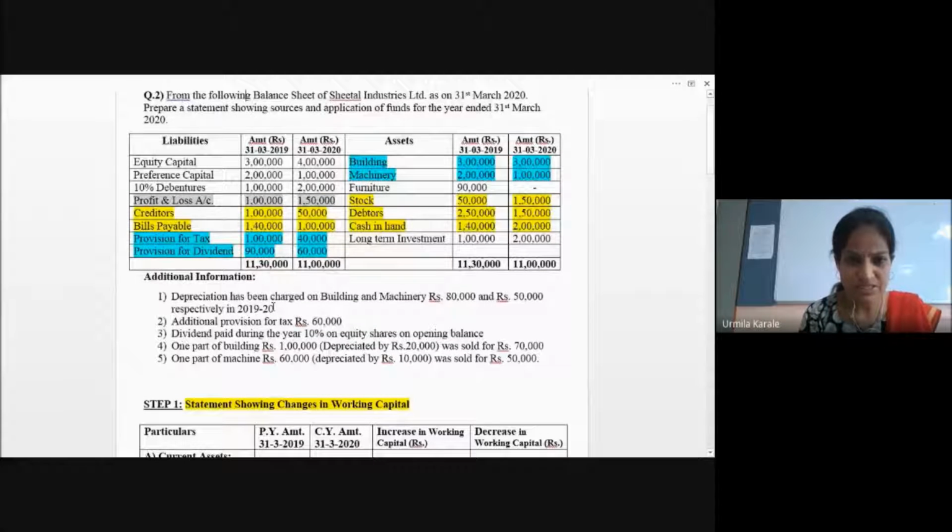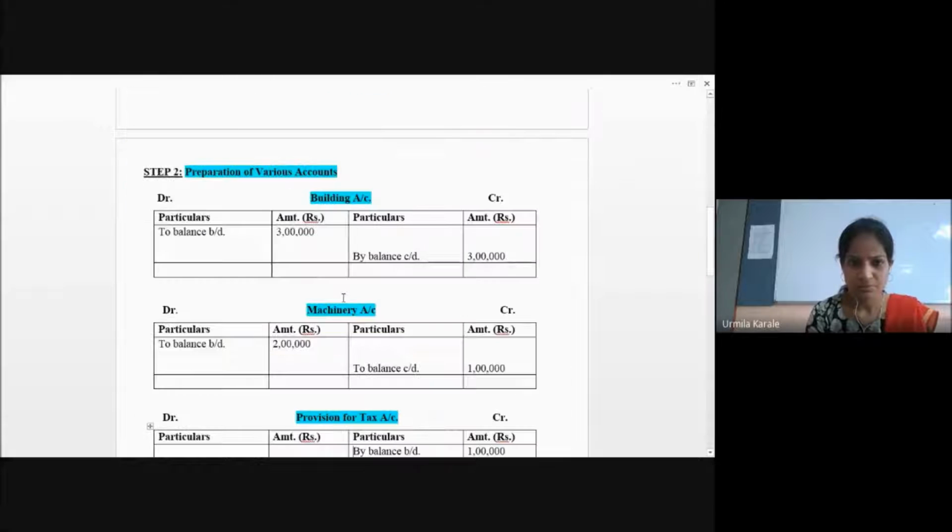So depreciation has been charged on building. So on building, first we'll charge depreciation. The building value will decrease, so we are going to record it on the credit side. I'm just showing it here, building account. When we write to this side, your balance increases. When we write to this side, balance decreases.